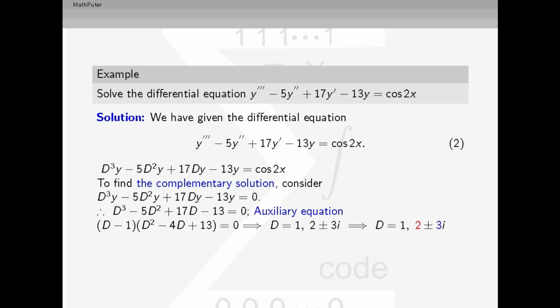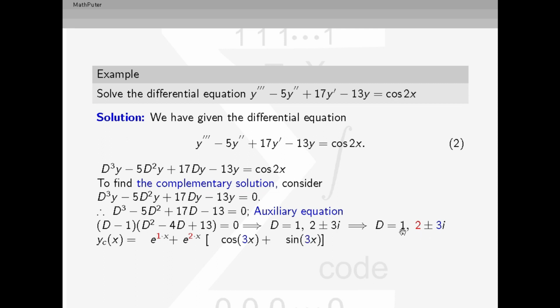Now how do we write the complementary solution yc(x)? See, this is one real number, so directly we have the exponential function e raised to 1 into x. For complex roots, the real part becomes the power of the exponential, and 3 will be in cos or sine. So these two give us e raised to 2x multiplied by cos 3x plus sine 3x.